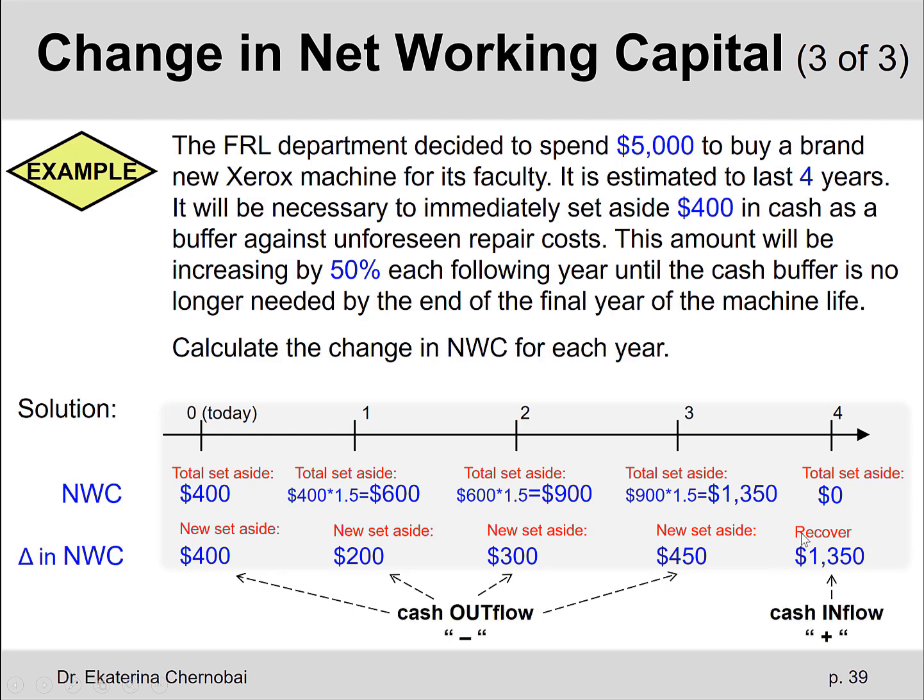But the amount that's recovered at the very end, which is the sum of all those cash outflows, is a cash inflow. So you can also put a plus sign in front of it, to make it clearer that it's the money that would be coming in.